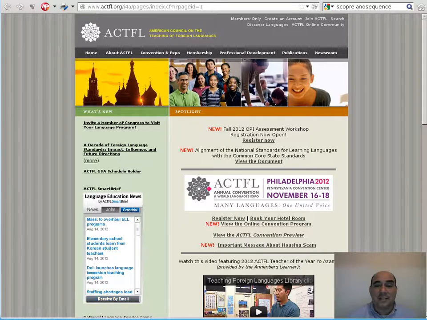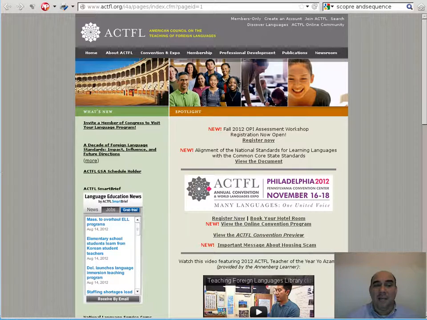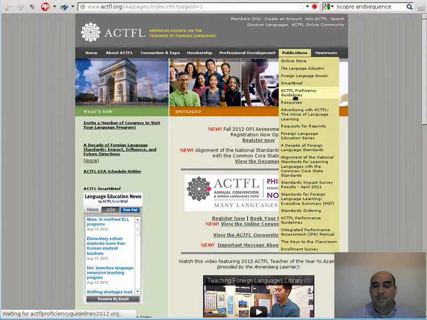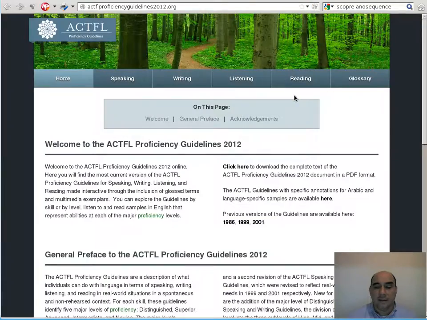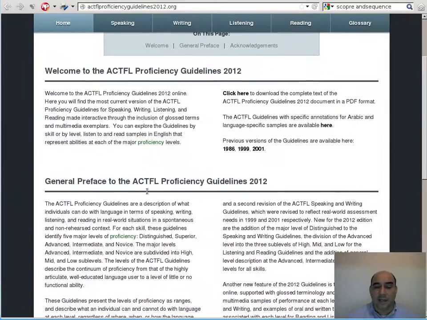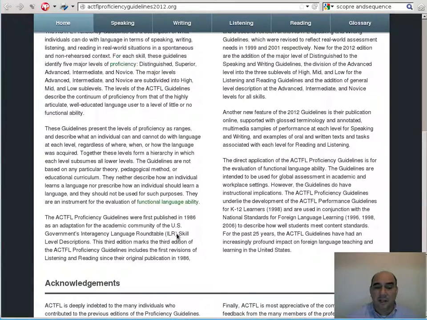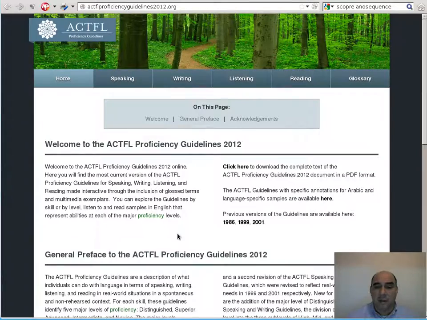The ACTFL system is available at their website, actfl.org, and you can just go under publications and you can see their proficiency guidelines. There we are. So you can look through the general guidelines, and then you can download the actual guidelines.